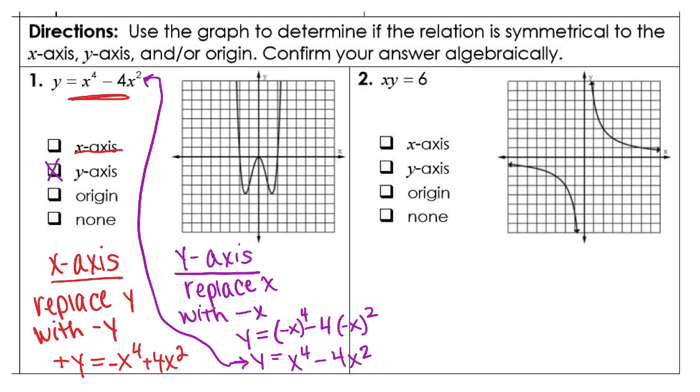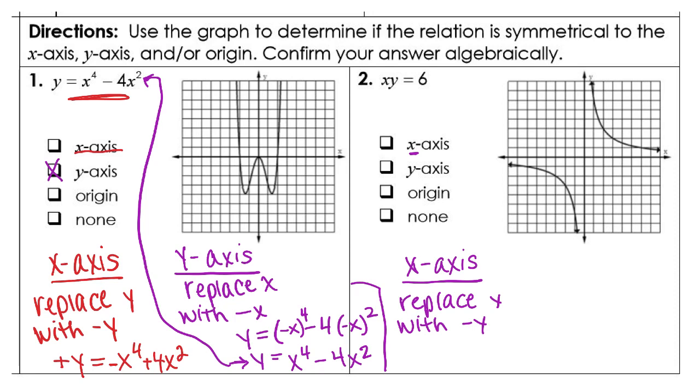Okay, number 2, same process here. We need to go through our different tests. If we check symmetry about the x-axis, we replace y with negative y. x stays the same, y becomes negative.